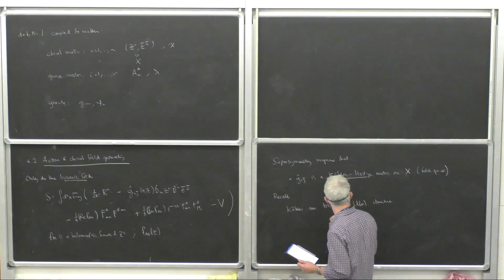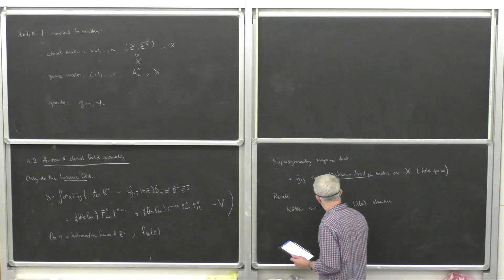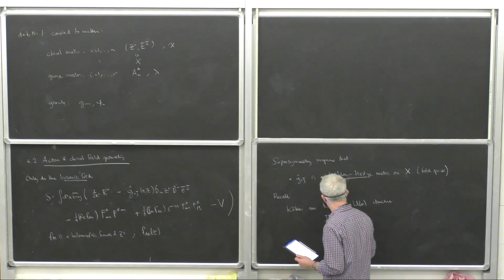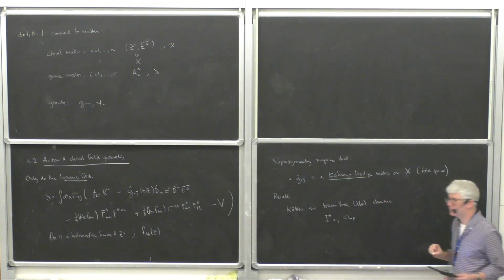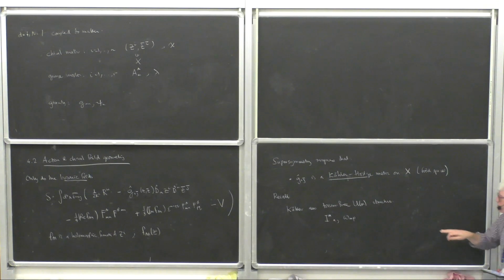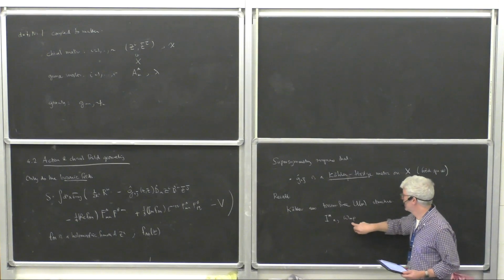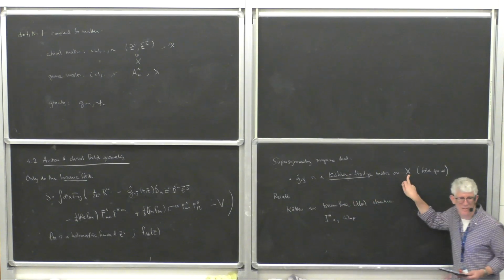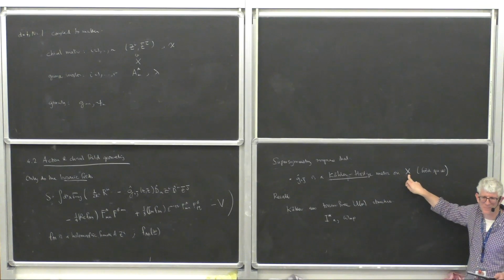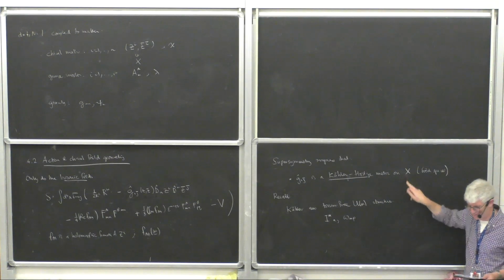And remember, that meant that we had a complex structure and a symplectic structure. You'll have to excuse me, I'm going to use m, n indices here, even though this space X is not a space-time, okay? Just because I've run out of indices.